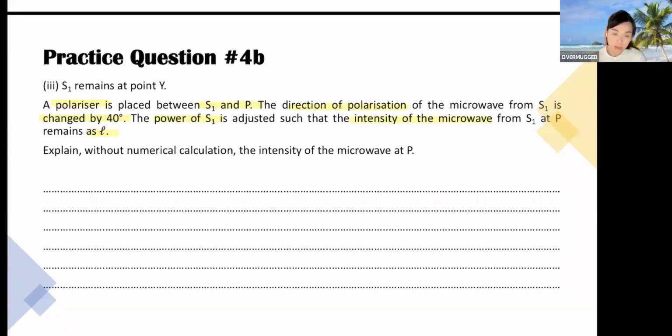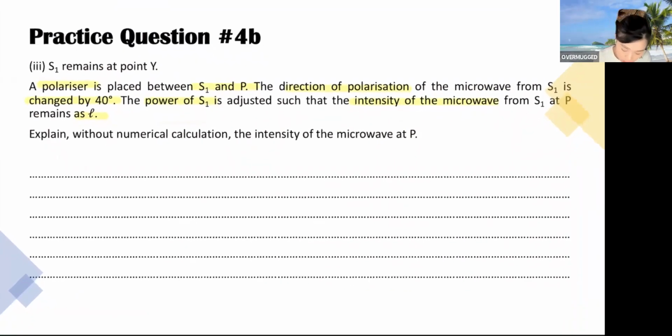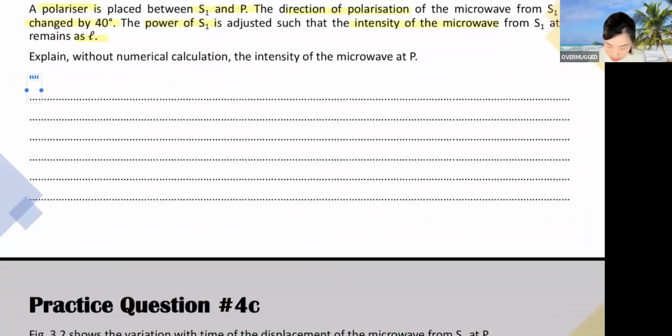So then they say explain without calculating what the intensity of P will be like. Okay? So how do we explain for this one? Like I said earlier on.